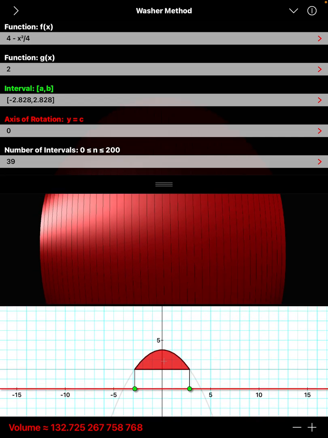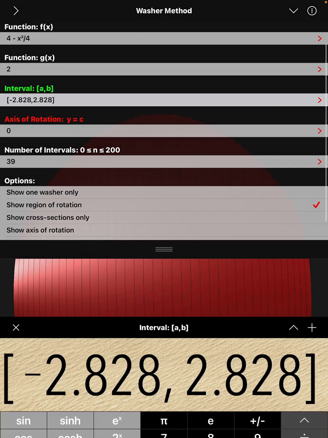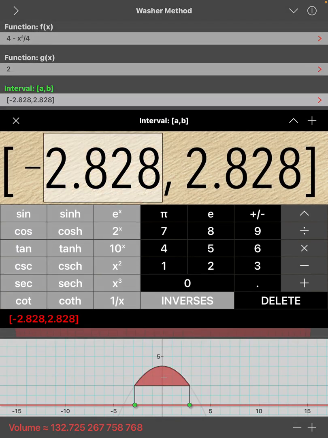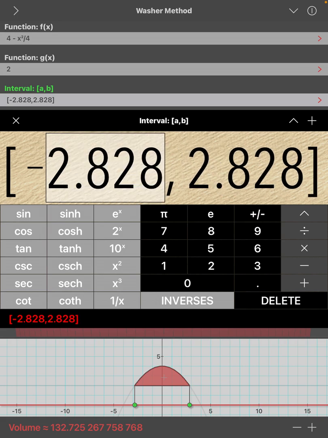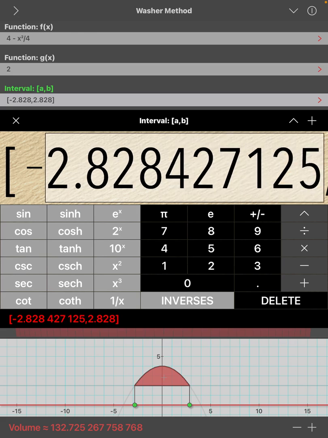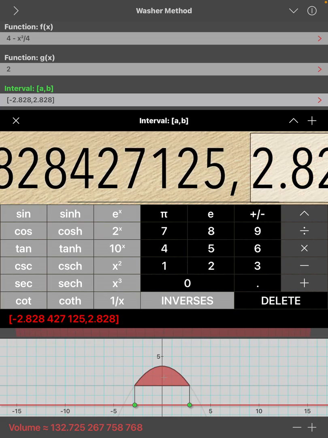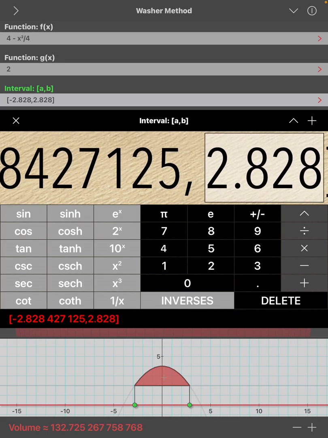Okay. That looks a little more like it. That's the region that we're looking for. And then, I cut it a little too short. Let me put a few more decimal places because it's not quite football-like, but it should be. 2.82842. I just want it to look a little more realistic for you.